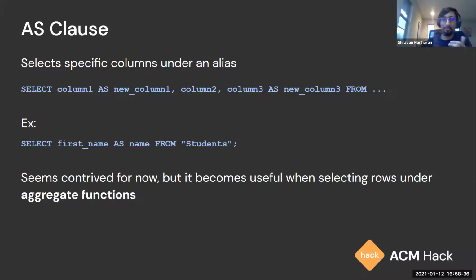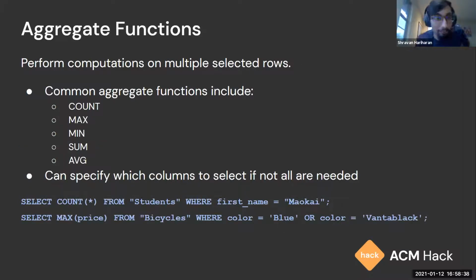Okay, what's an aggregate function? Well, an aggregate function is a function on your select query that will perform computations on the selected rows. While it sounds kind of abstract, we can see from these names it makes a little more sense. The common aggregate functions include count, max, min, sum, average, etc. So they're functions that are processed on all the rows that you're selecting, right?